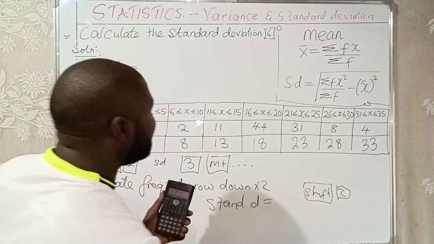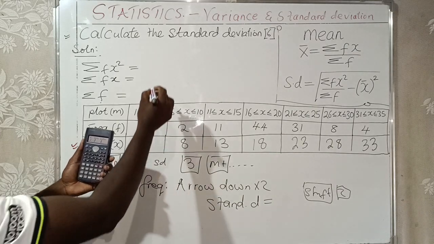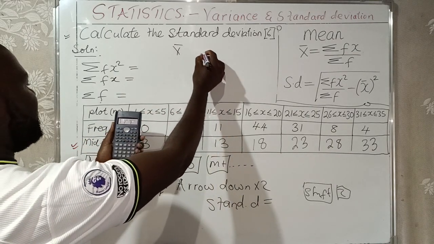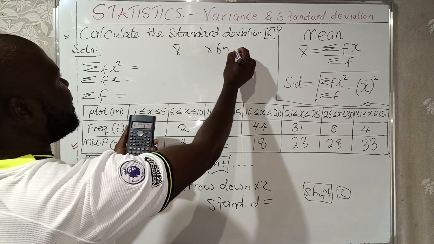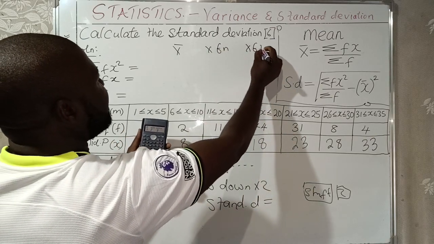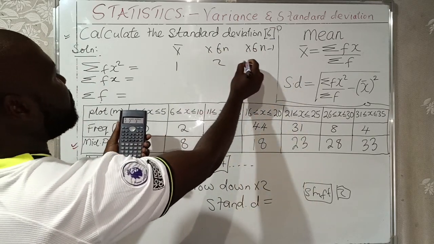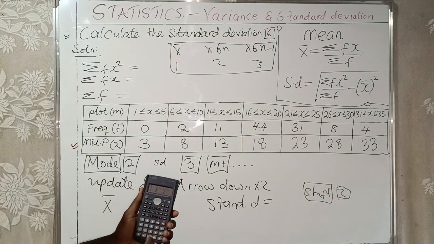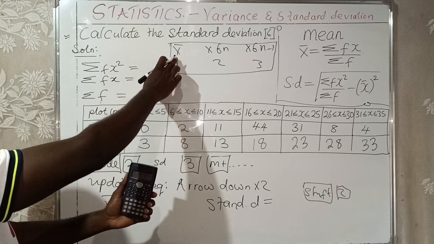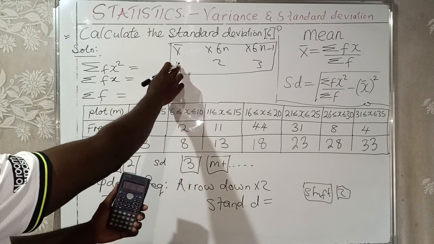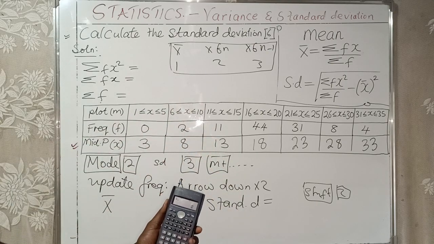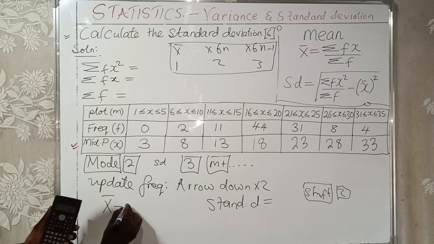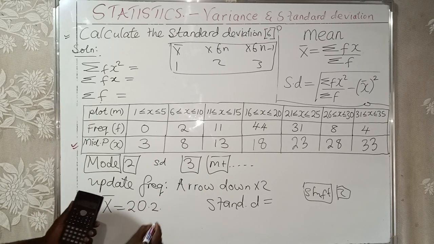Okay, so once we say shift 2, what will appear on our calculator, we shall see this and this and this. Yes, 1, 2, 3. So we are going to see this display on our calculator. Now, this one is for the mean. So when you are looking for the mean, just say 1 equals, and you'll be able to see your 20.2.